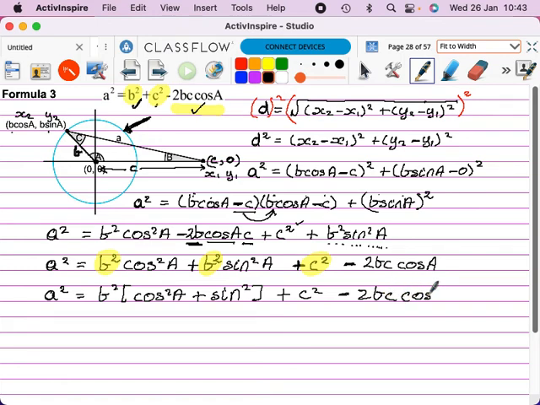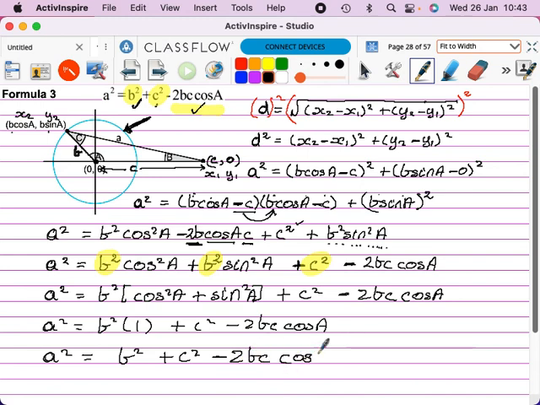We proved that cos squared plus sin squared is equal to 1. So the next line is a squared is b squared on 1. We've already proved that. And now we've got a squared is equal to b squared on 1, which is b squared, plus c squared minus 2bc cos of the angle A. Have we proved it? Yes, we have. Derivation over.